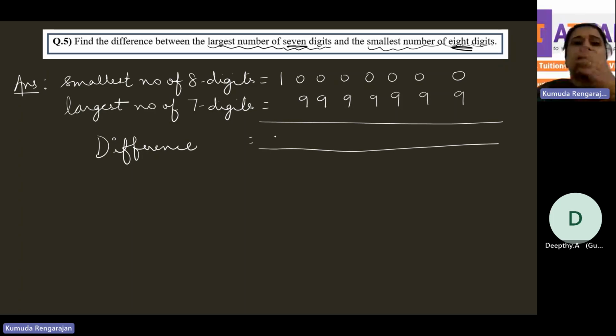So what's the difference? 1. After the largest 7-digit number, the next number is the smallest 8-digit number. They are consecutive numbers.